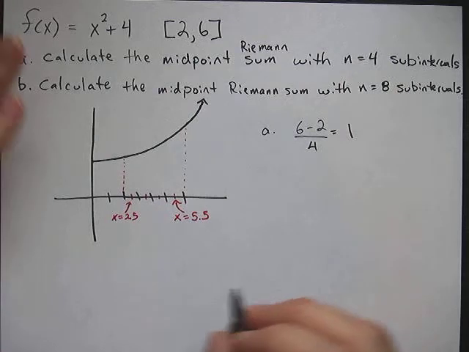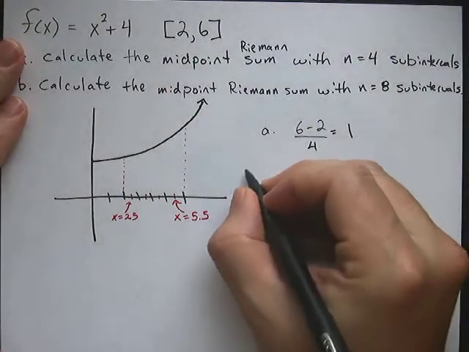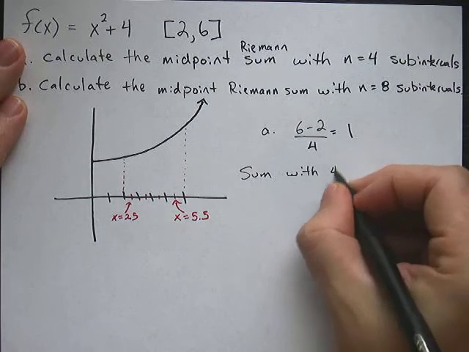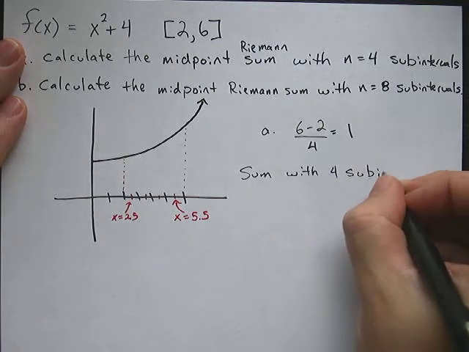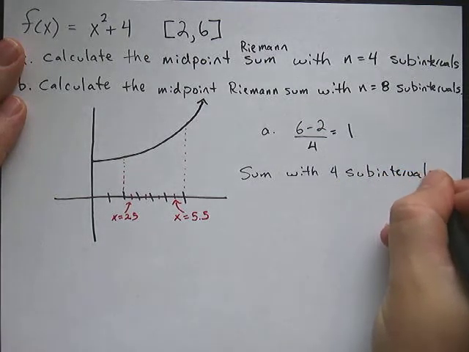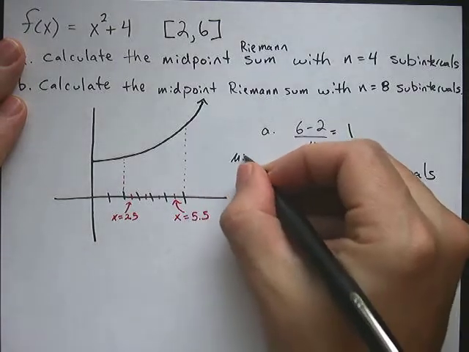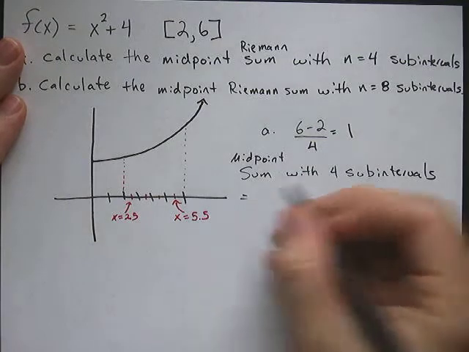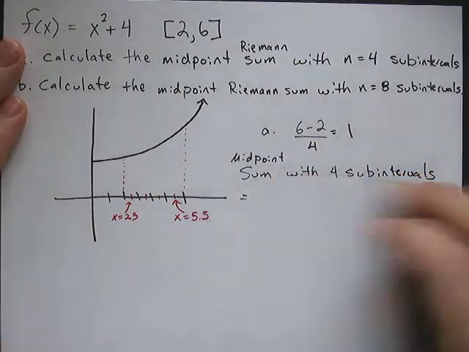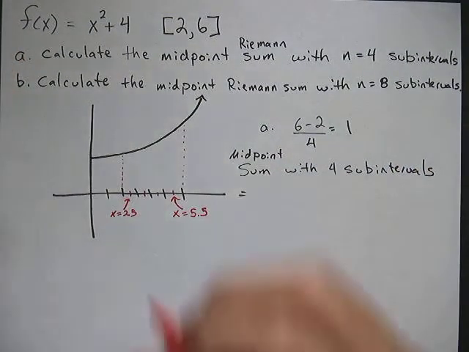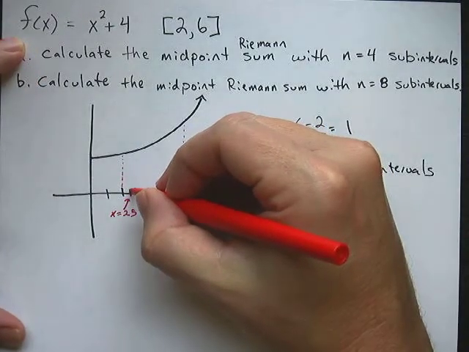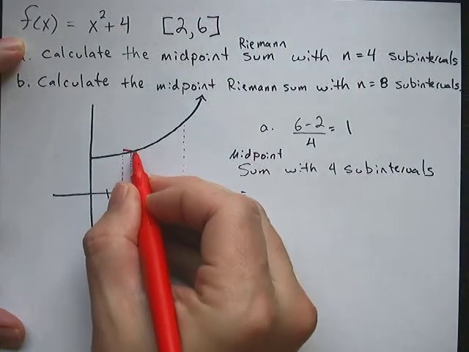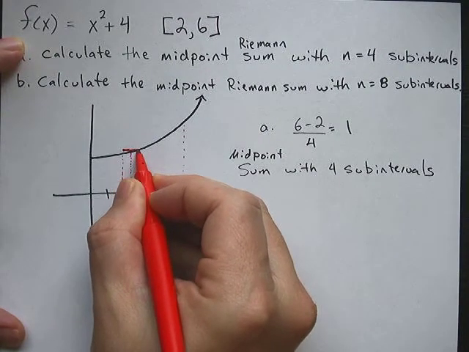Our answer is going to be the midpoint sum with 4 subintervals. For each one of these little rectangles, let me give you a visual here. We're going to go up to the function at that midpoint and create a rectangle.